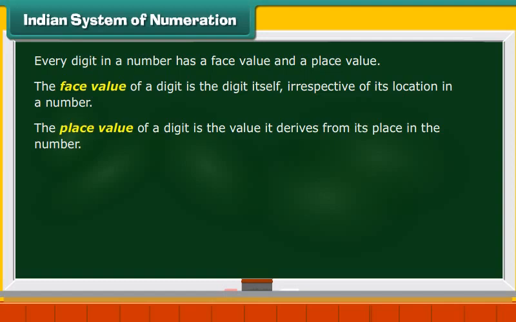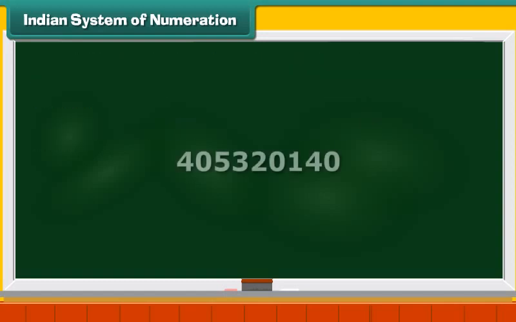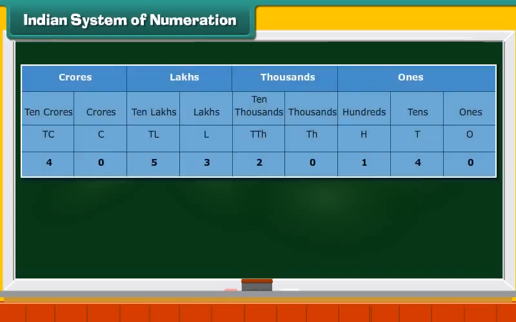The place value chart makes it easy to read a number. Let us see how. Consider the number 405320140. First, we arrange it in the place value chart.